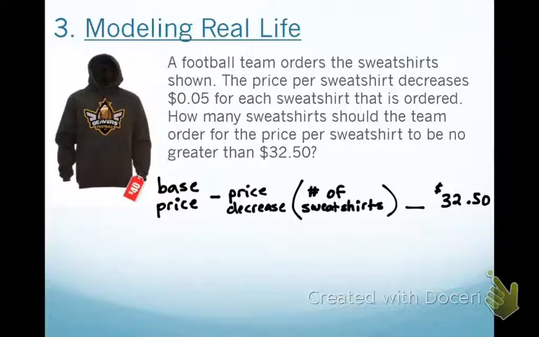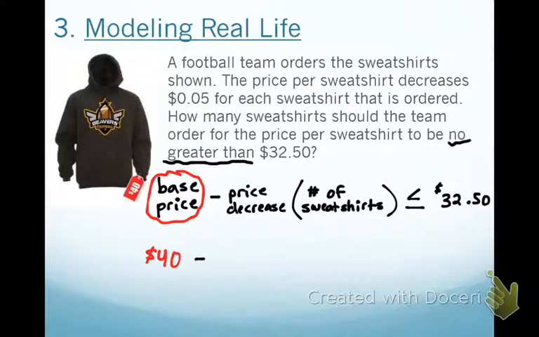Now let's think about this. It says we want it to be, up here in our original problem, no greater than. If I don't want it to be greater than, what does it have to be? Less than or equal to. So my sign is going to be less than or equal to. Let's start plugging things in. What is the base price? $40. Then we bring down our subtraction.